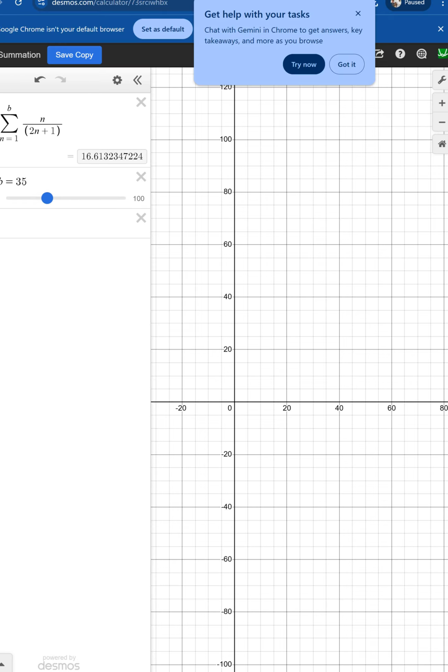But notice that as my top bound gets bigger, so do my numbers. What's happening here is that my sums are just getting bigger and bigger and bigger.